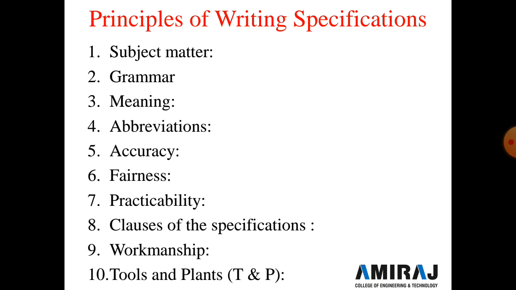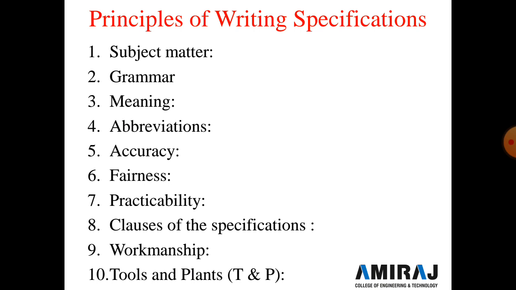And the third point for the principle of writing is meaning. While drawing specification, only suitable words with the desired meaning should be used. Words with more than one meaning shall be avoided. Here the fourth point is abbreviation.